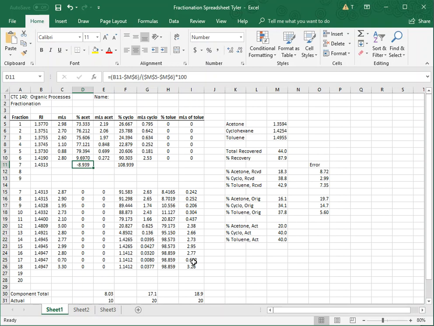So because of that, I just in my spreadsheet did a division. I separated into 2 sections, and the second section now is going to represent my other 2-component system, which is cyclohexane and toluene. So my advice to you is that when you do these calculations and you plug them into the spreadsheet, when you get to the point of a negative concentration, get yourself some extra space in between the 2 blocks.